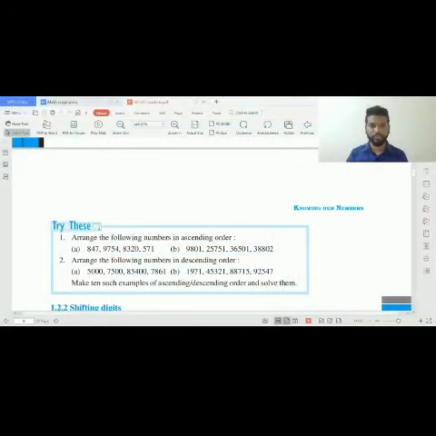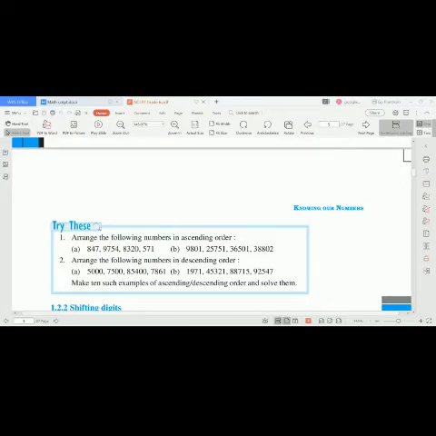You will have a total of 4 minutes for this entire activity. 1 minute for copying the question and 4 minutes for solving this problem. Okay, your time starts now. Take 1 minute to copy these questions. Fifteen seconds done. 45 seconds more to copy this question.